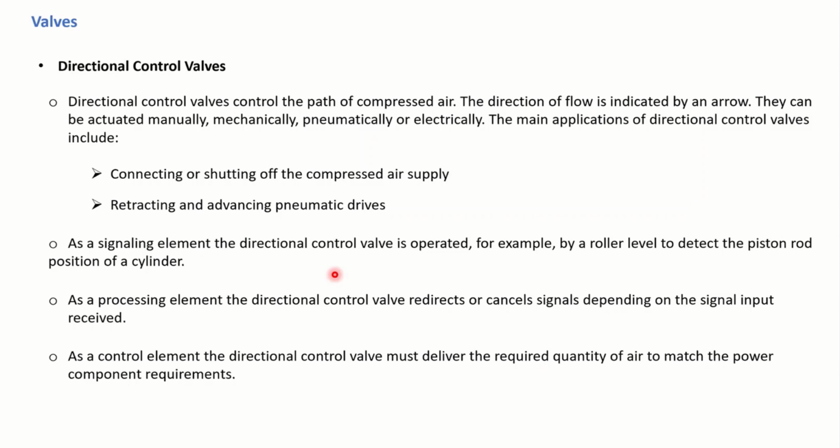The main applications of directional control valves include connecting or shutting off the compressed air supply, and retracting and advancing pneumatic drives. Okay, so let's look at a pneumatic circuit, right?